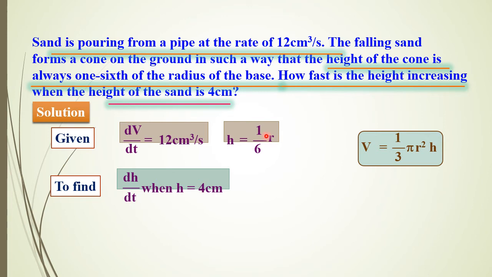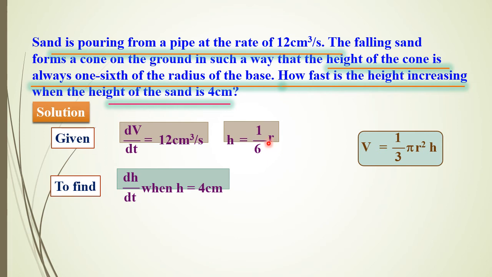The falling sand forms a cone, the height of the cone became 4 centimeter, and when the height became 4 centimeter, how fast is its height increasing? This is the question. So dh divided by dt, where h is the height of the cone, equal to question mark, and the height of the cone is 4 centimeter. The height is 1 divided by 6 of the radius, which is also given in the question itself.